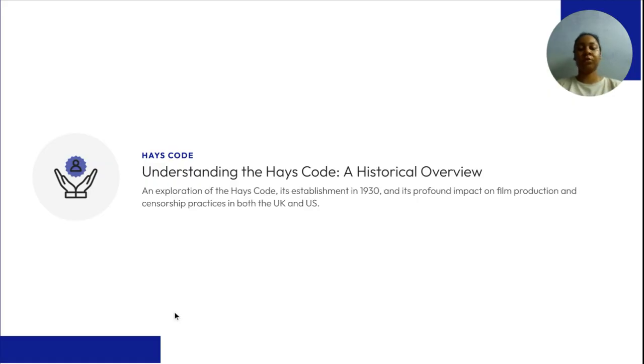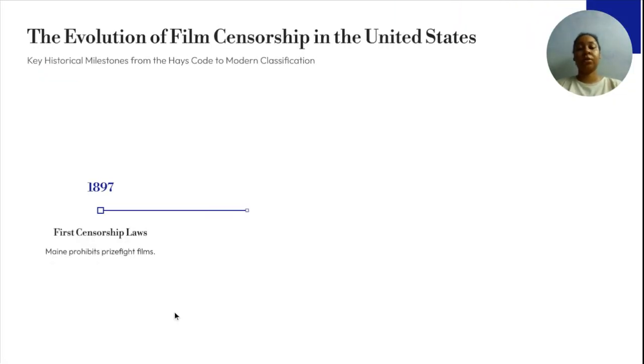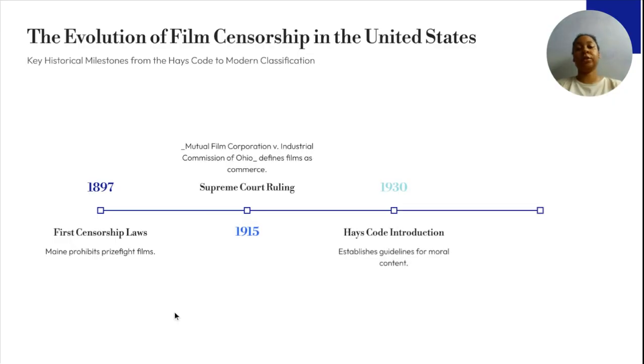In terms of the timeline of how the Hays Code was implemented, this is the evolution of film censorship in the US. The first law was made in 1897, beg your pardon, so 100 years before my life.